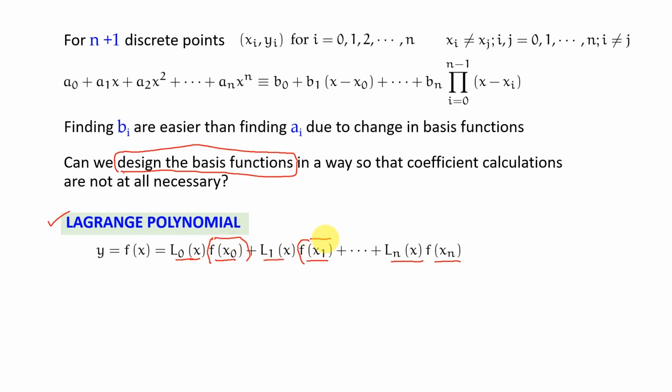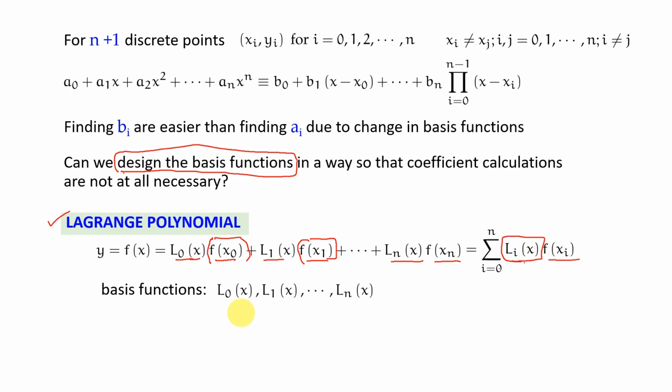They are part of the data set given to us, which means that we don't have to calculate the coefficients at all, but we have to figure out what are these basis functions. Once again, here the basis functions are Li of x for i going from 0 to n, and the coefficients are f of xi, which are known.